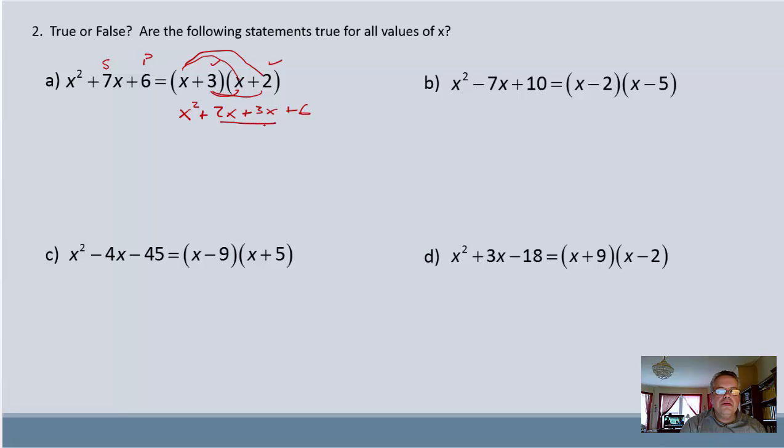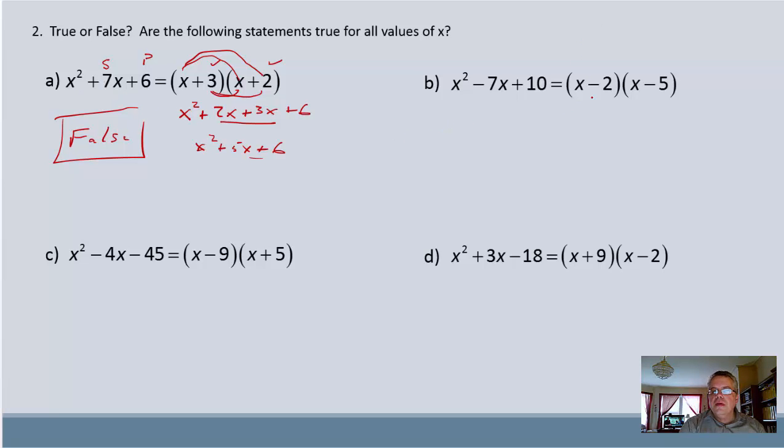And we see that these two terms combine to make 5x: x squared plus 5x plus 6. So I see that this middle number is the sum of these two numbers, and this number here is the product of the two numbers, but it's not what we started with. So this one is false. What I get when I multiply it out is not equal to the original.